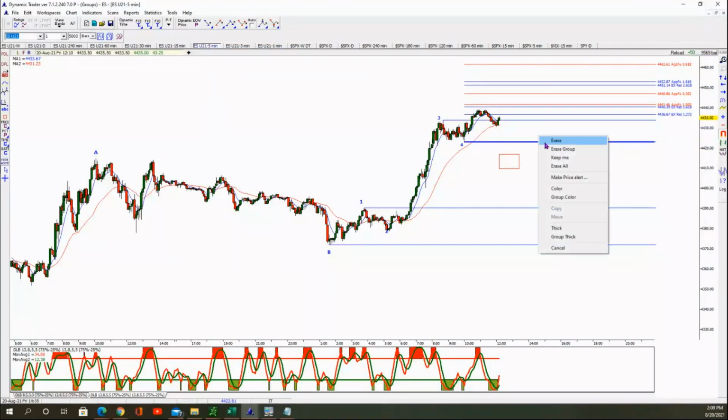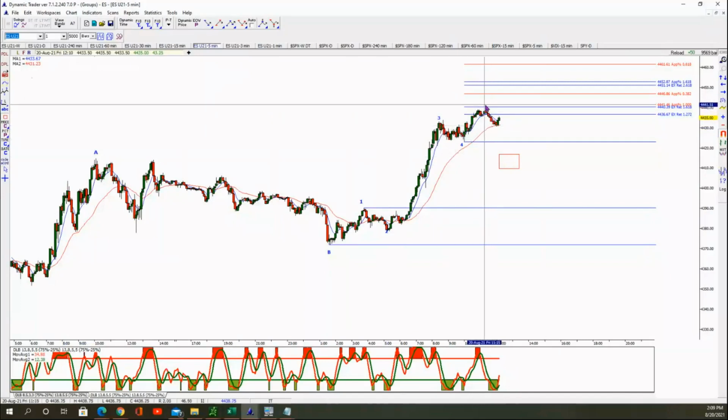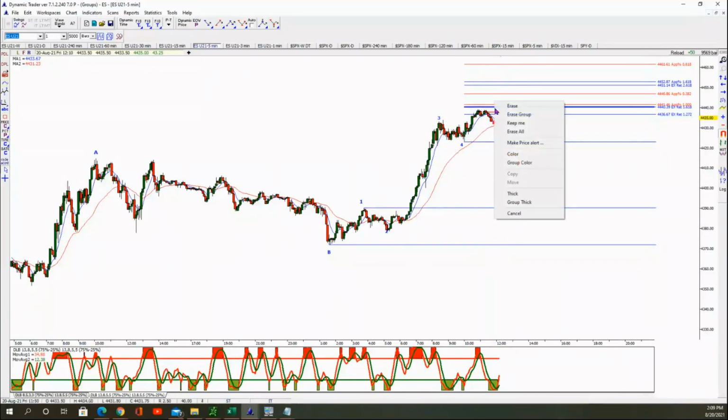So what I've got now, I'm starting to get some levels that come in right now. And what I'm looking for is some clustering right here. But anyway, I'd be looking at these levels right here for the bottom of my zone right here.